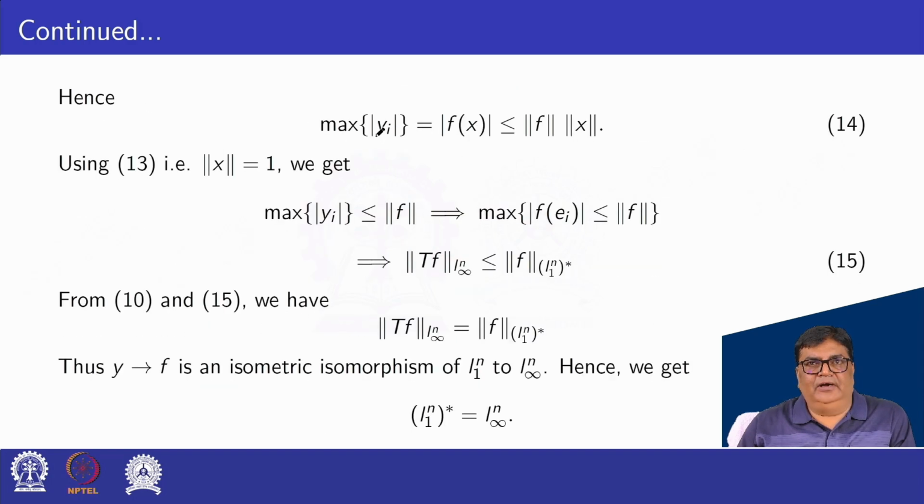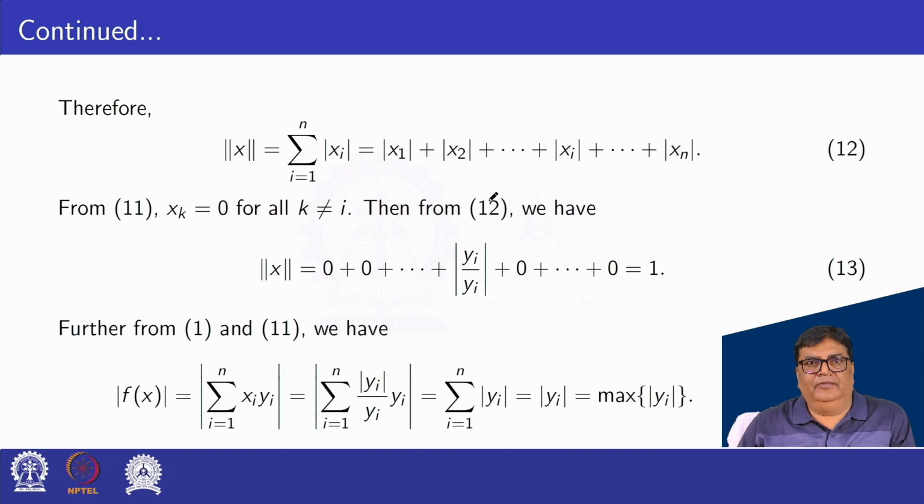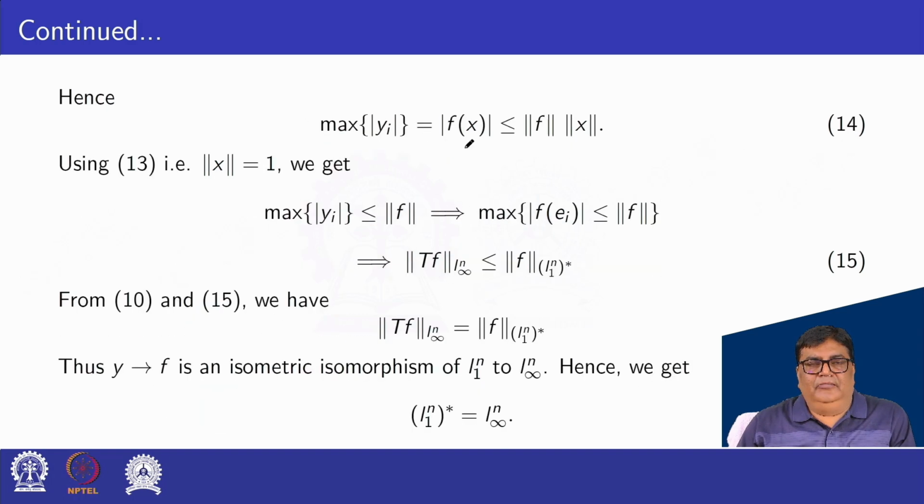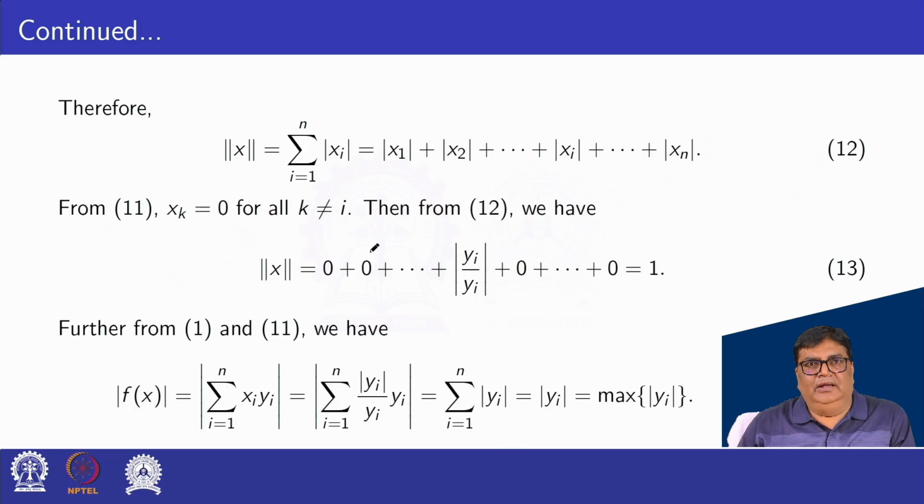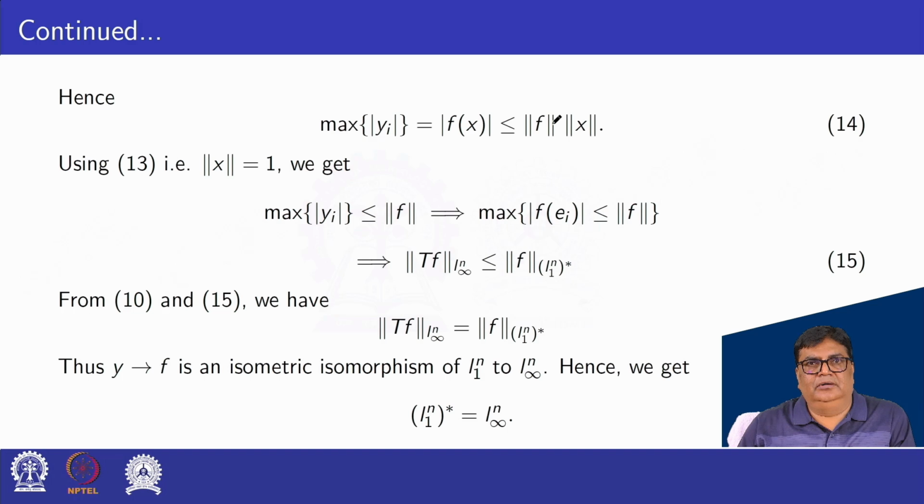Hence max of mod yi equal to mod of fx. f is a linear functional, so it is less or equal to norm f into norm x. And norm x is equal to 1. Then max of mod yi less or equal to norm f. Yi is f of ei, that is max of mod f of ei less or equal to norm f. That is, max of mod yi can be written as norm of Tf under the L infinity norm.